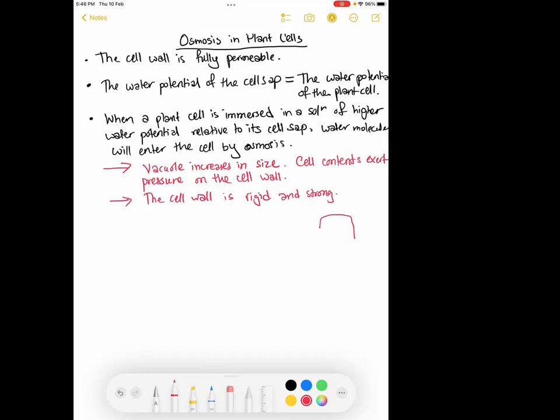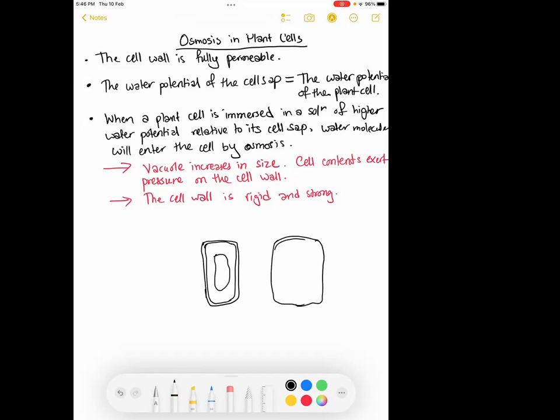So like, let's say I'm going to actually show you properly. So let's say after water gets inside of it, it actually becomes very enlarged.